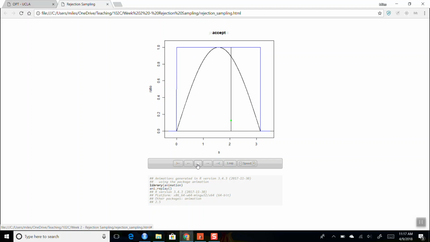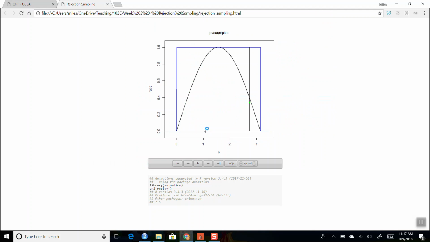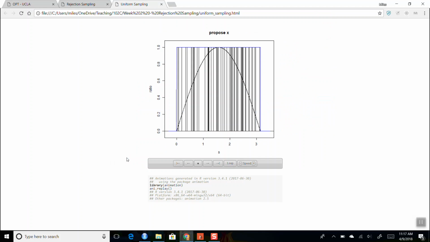Does this animation make sense as to how it's working? I also wanted to illustrate that, being the uniform sampler, this shows the values being proposed, and we can see that all values between 0 and pi are proposed with equal probability.